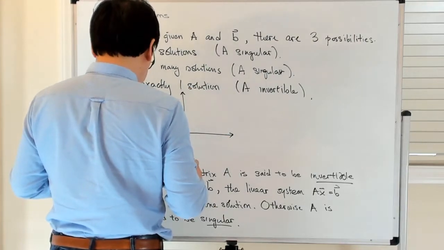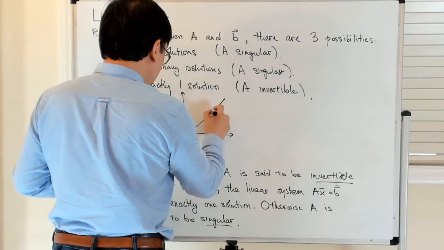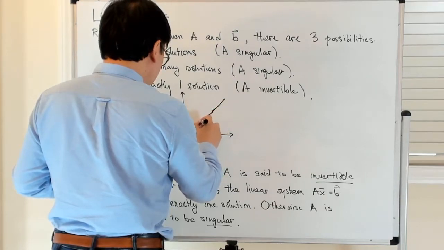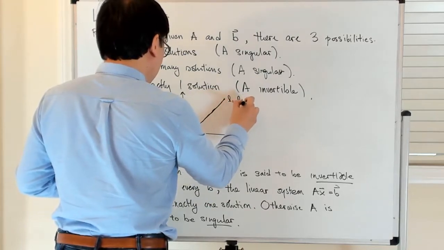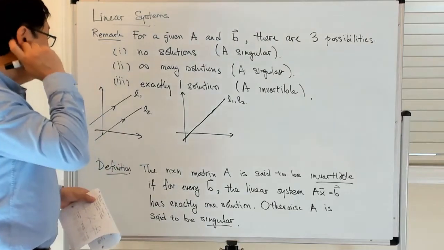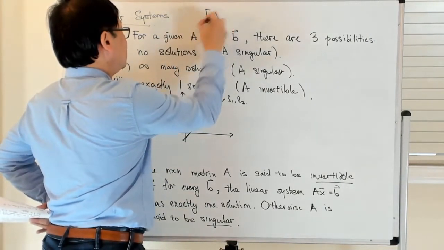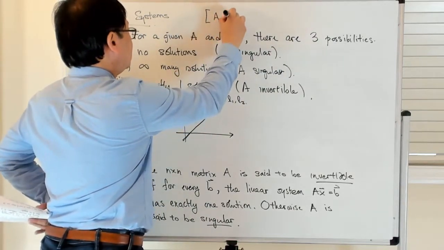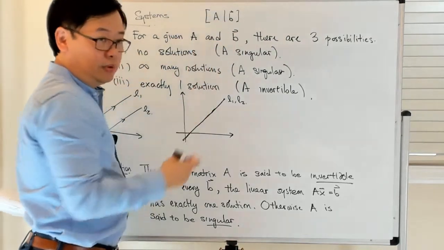And then the other possibility is that you have infinitely many solutions, and that's what happens when L1 and L2 are right on top of each other, and that's when this augmented matrix, so if you think of this A matrix and you augment it with this column vector B, the rows of this again are multiples of each other.